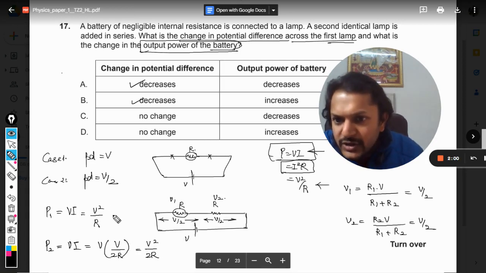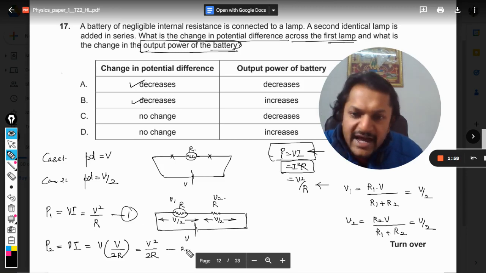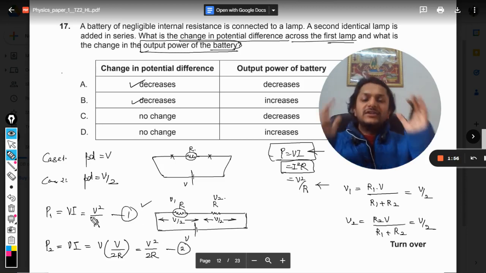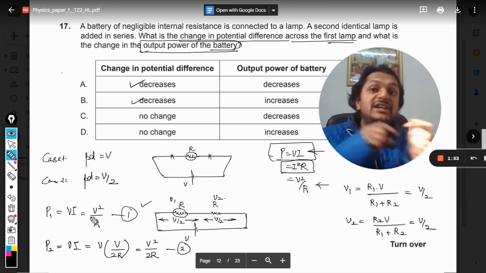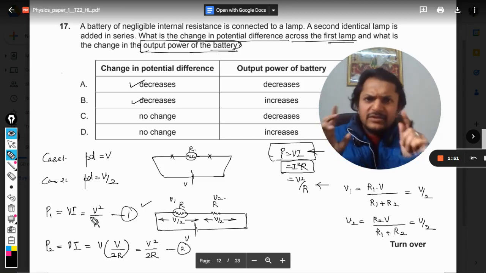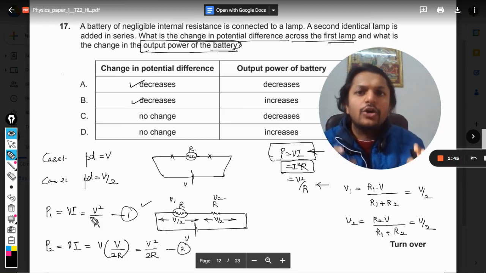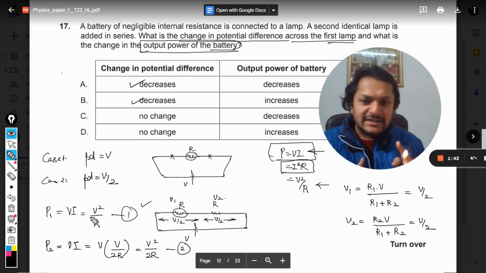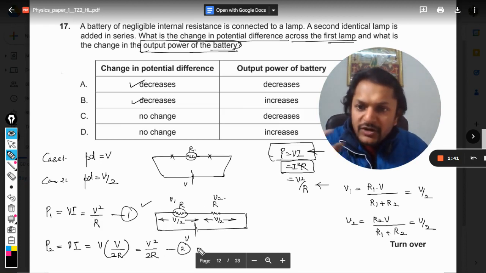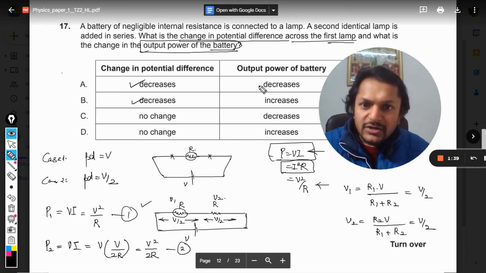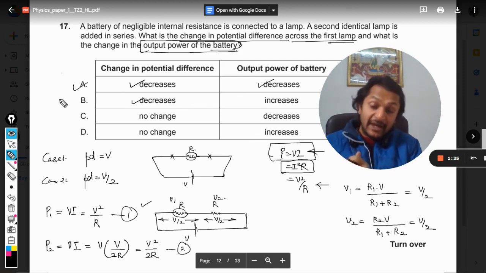So eventually you can compare these two and see that in case number one, more power is delivered by the battery. Just watch my wording. I'm not saying the power consumed by the resistance. I'm saying power delivered by the battery, although both of them are the same in the first case. But still, the power delivered by the battery also decreases. So our answer comes out to be A.